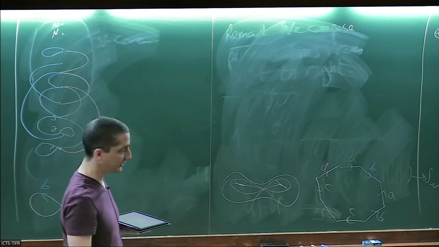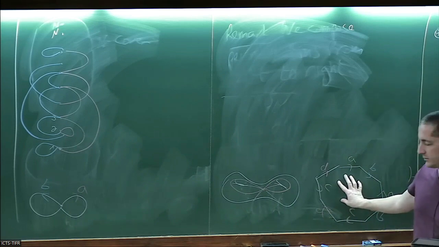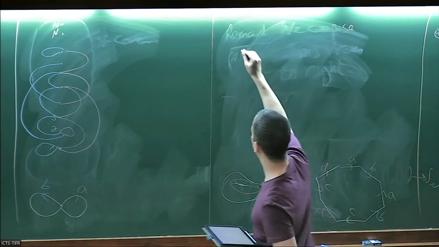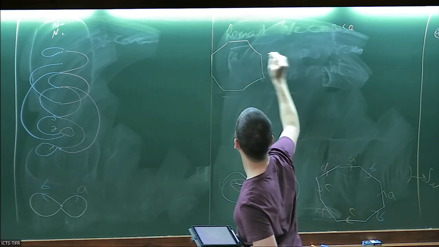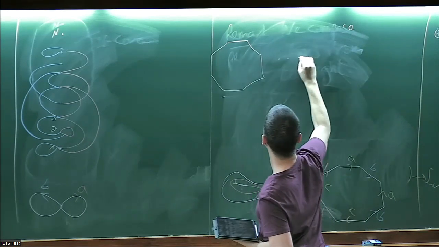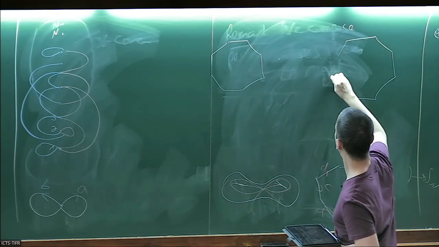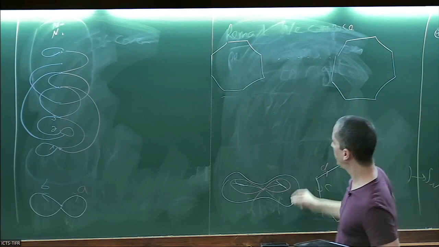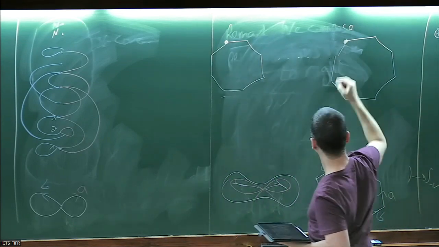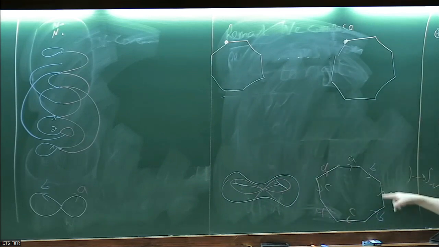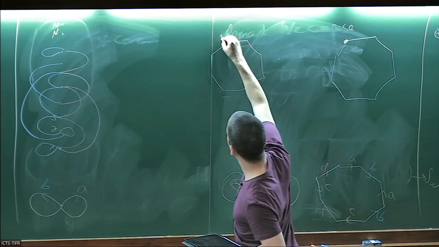So how do I get a cover? For a cover, I take n copies of this octagon. Now I take this vertex, which is the first vertex of my relation, and I label this vertex by 1 up to n.